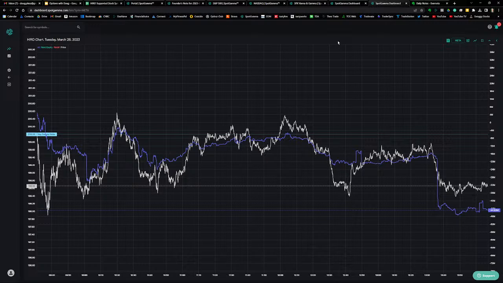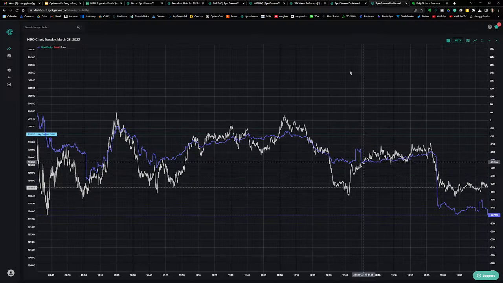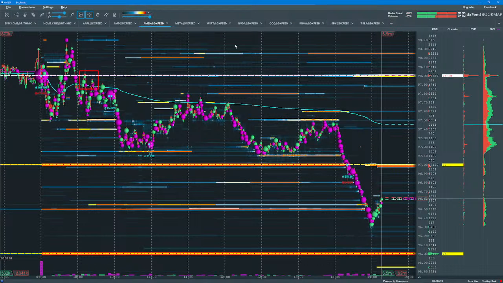So that alone would be a bullish signal, but a pretty choppy session in Meta today. So let's go take a look at Bookmap again.